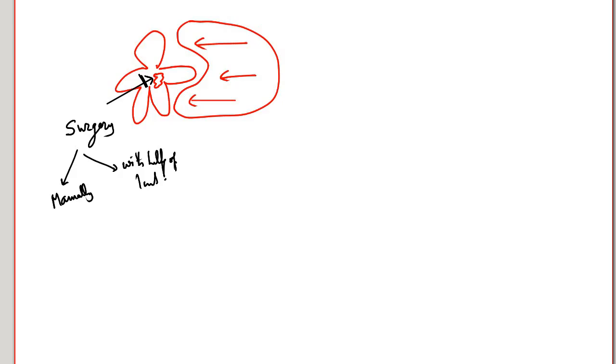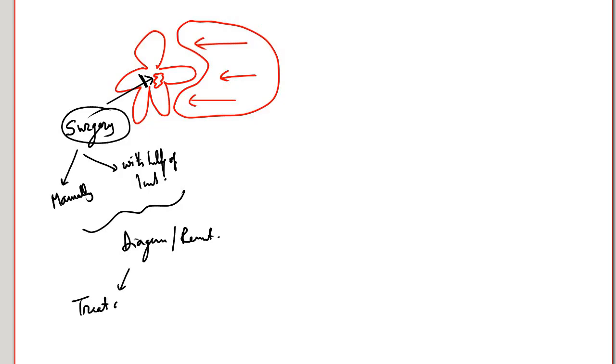And why do we do this? As I told you, the main reason is either diagnostic or reconstructive purposes, to find out if there is something wrong. And as a result of this surgery procedure, doctors can treat a disease, injury or other health problems.